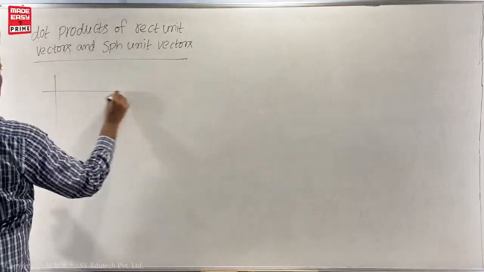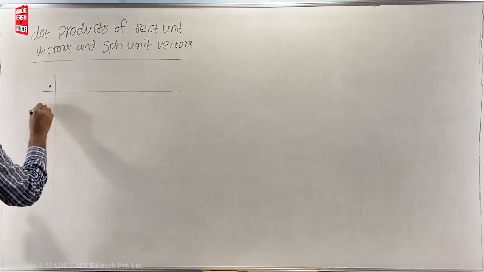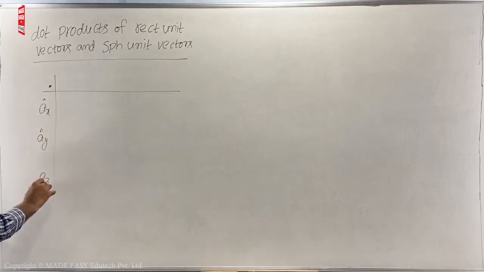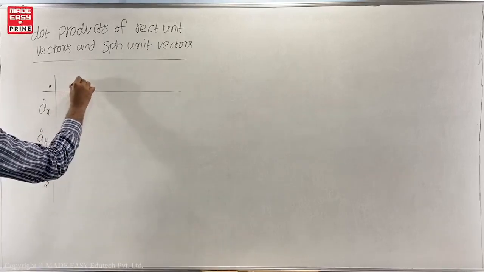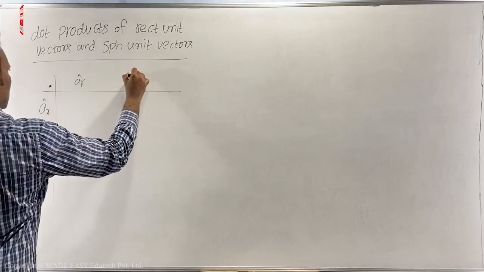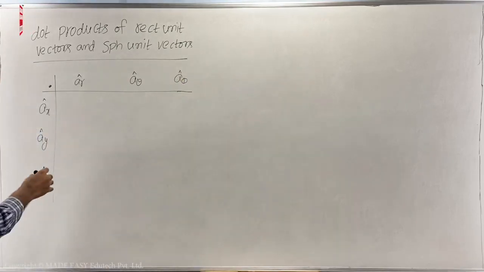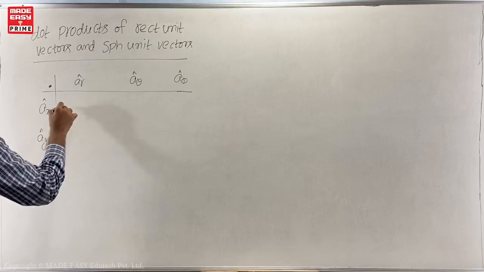So here we are taking dot product of rectangular unit vectors ax cap, ay cap, az cap, then ar, a theta, a phi. Then what answers you get here?